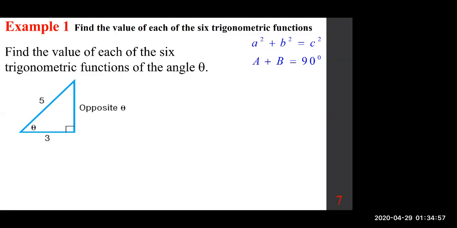So it's a squared plus b squared equals c squared that is being used. And let's say the opposite, we call it b, and let's say this is a, and the hypotenuse is c.